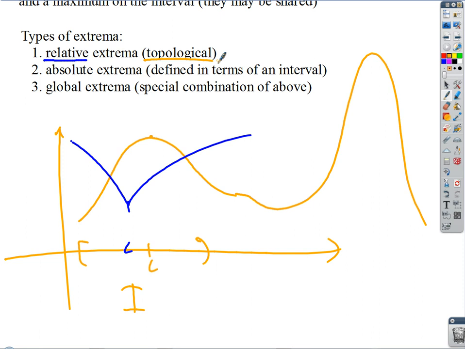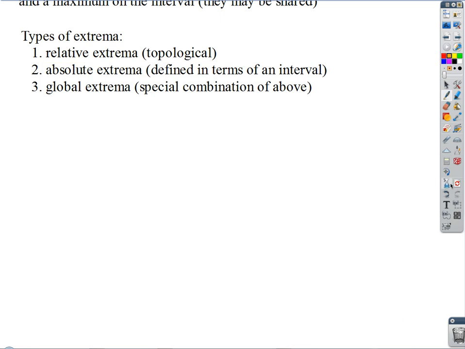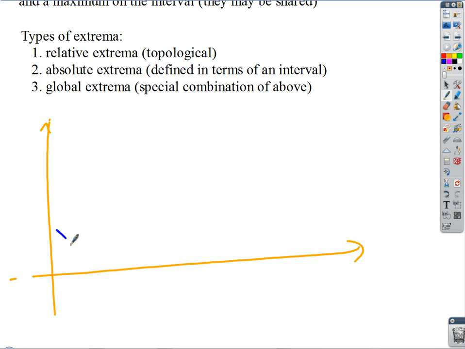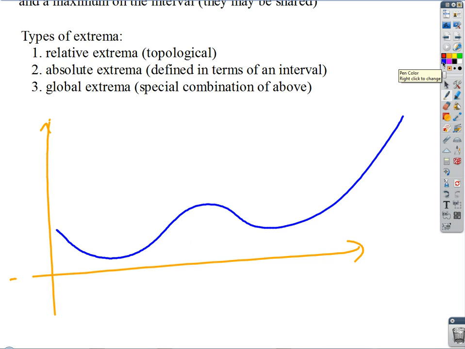So if I do something like that, let me draw you a little different picture. So let's say we're going to start this thing right down here. There's the left edge of our interval at A. And here's the right value.